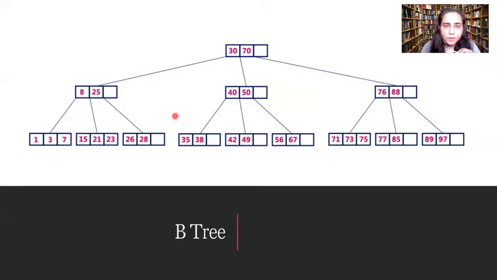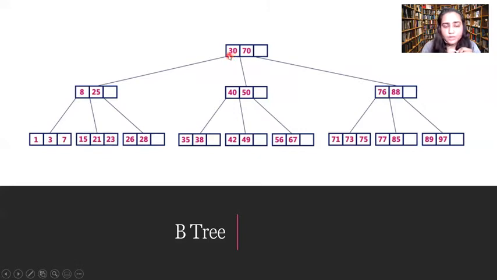And now you can see how my search operation might become a lot easier. So for example, if I was looking for an index, let's say 26, then I would go first of all to the first level, and in the first level I would compare with the first value, and upon comparing I would realize that it is less than 30, and so now I know where I have to go.